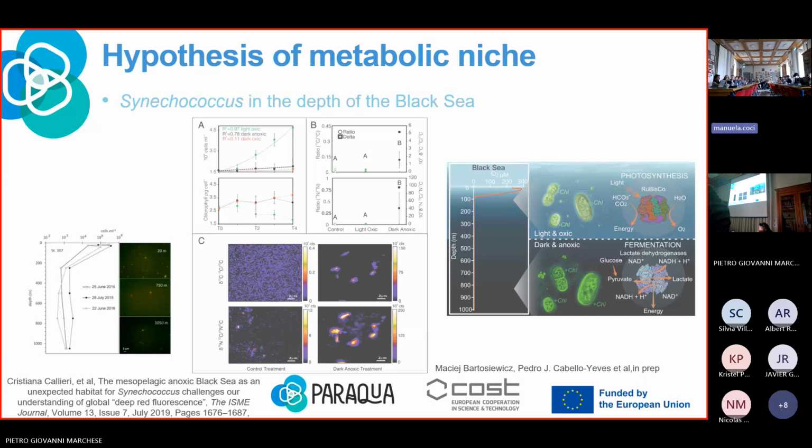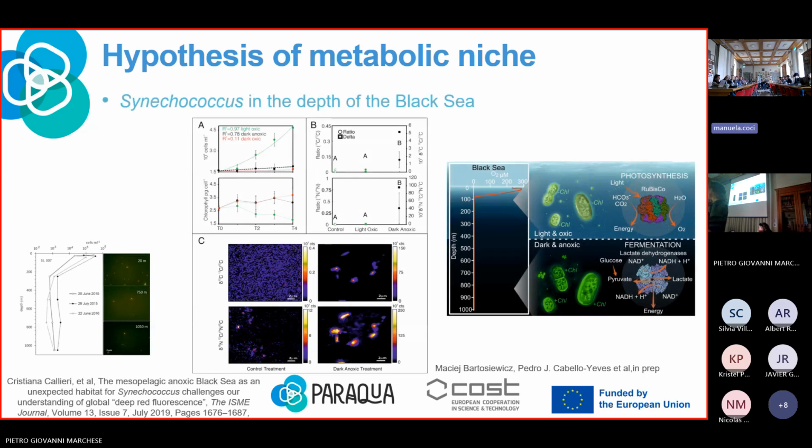So based on what we found on the genome of these cyanobacteria, we then went to do experiments. And we grew these strains in the dark without oxygen and did different tests with stable isotopes and then nanoSIMS imaging, and could see that, yes, in fact, these bacteria are able to ferment.